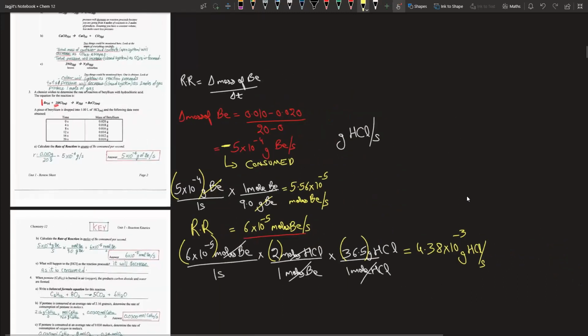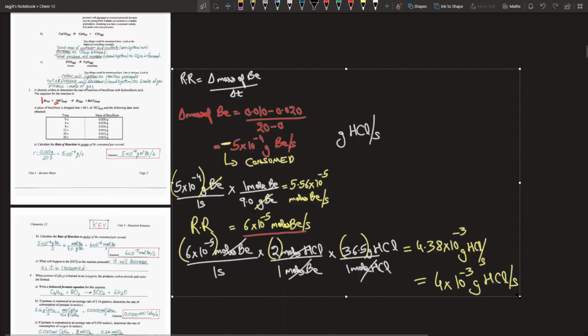But there's one thing we need to be careful about. 6 times 10 to the power minus 5 has only 1 sig fig, so we need to change this to only 1 sig fig. So technically you would say this would become 4 times 10 to the power minus 3 grams of HCl per second. Okay? So just be mindful of the sig figs. What I would do is first write my answer without any sig fig rules, and then afterwards change it to proper sig figs. Does that make sense?